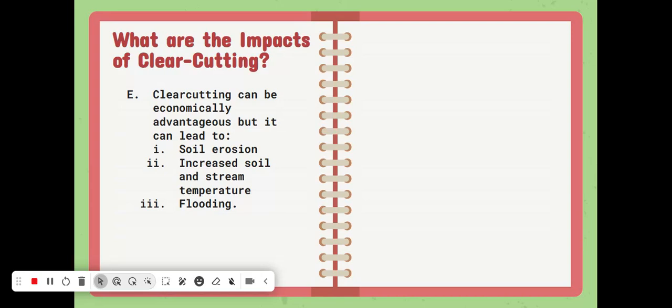But although clear cutting can be economically advantageous, wiping out all the vegetation can create soil erosion in the area, and it can increase the soil and stream temperatures because you are taking away an area of shade. It can also create a lot of flooding in the area.